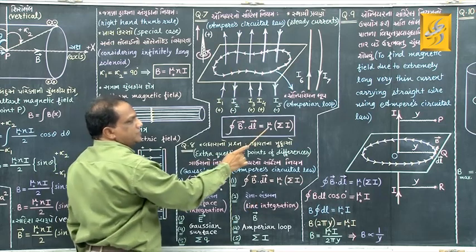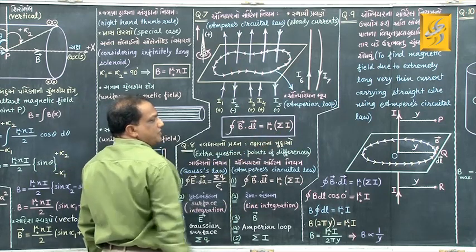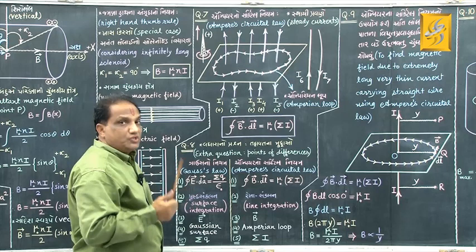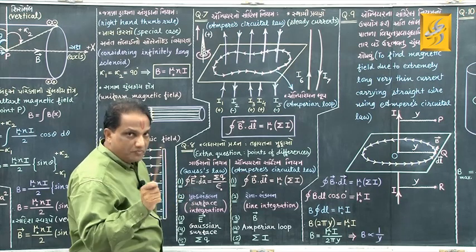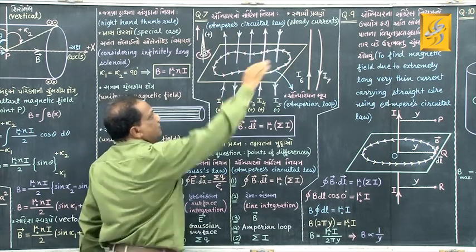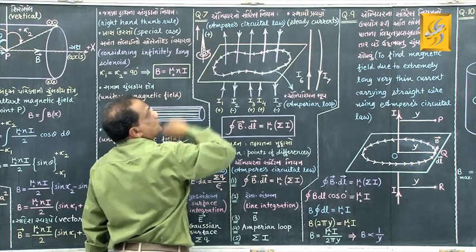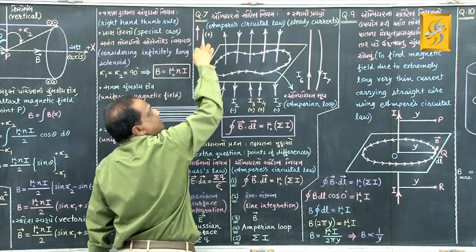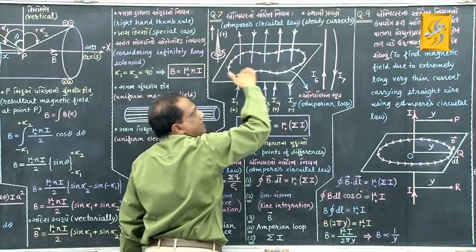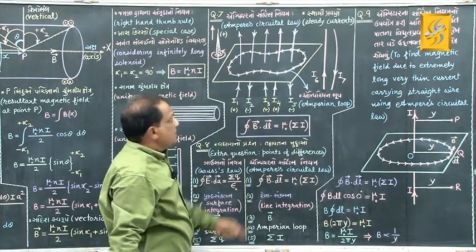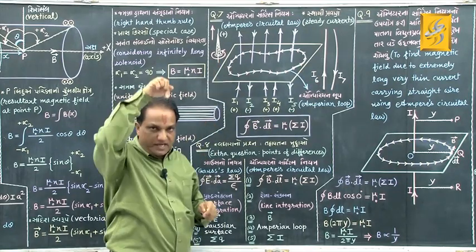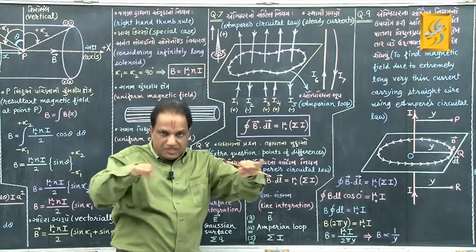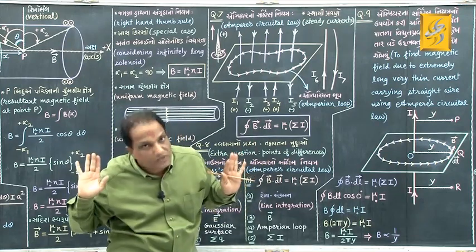Now, the question arises: while taking this algebraic summation, which current should be taken positive, which current should be taken negative. I am showing you. First of all, consider some right-handed screw whose axis is perpendicular to the plane passing through the considered Ampérian loop, correct?